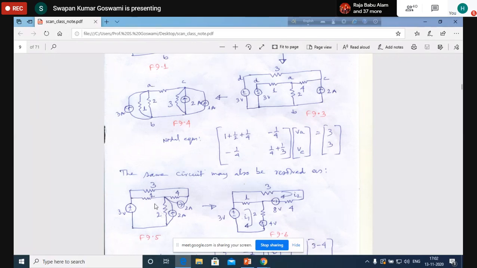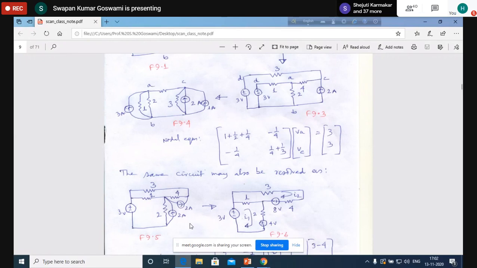But under this process, we could connect a current source in parallel with a resistance. Now this combination, 2 ampere with 2 ohm in parallel, may be converted into a voltage source, 4 volt with 2 ohm in series. 2 ampere in parallel with 4 ohm may be converted into a voltage source, again 8 volt in series with 4 ohm. Now you see that the network becomes like this.